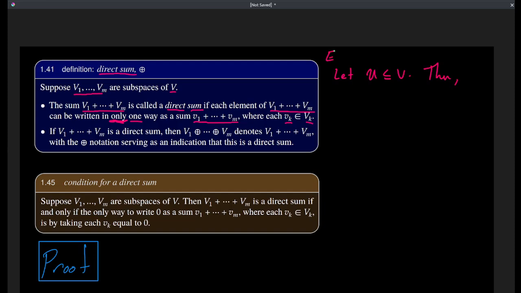Then, this is an example, just to be clear, U plus U is not direct. Do you see why?